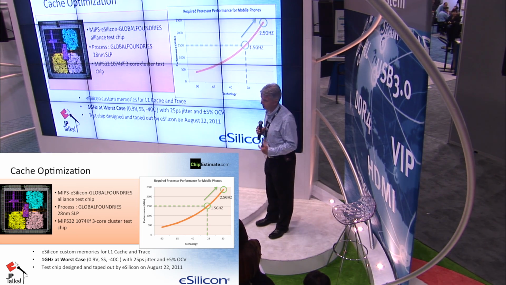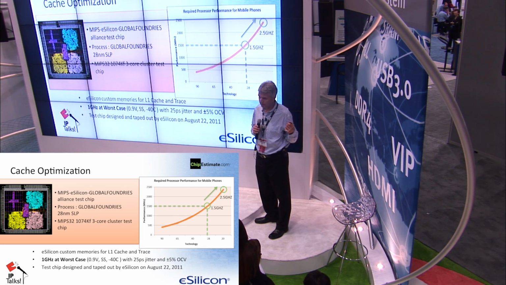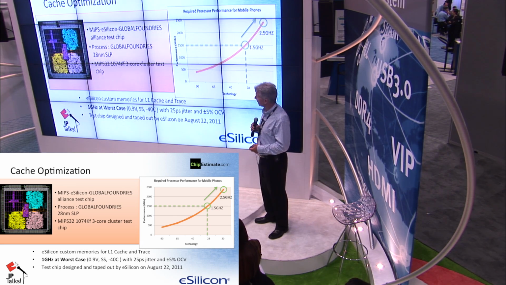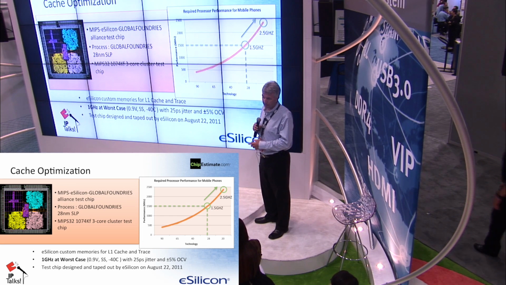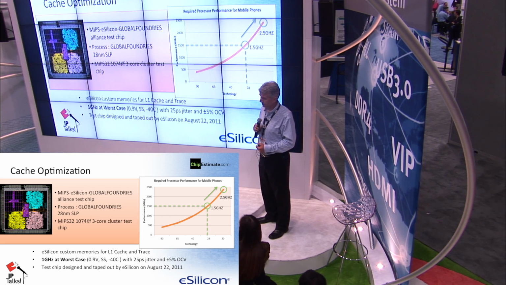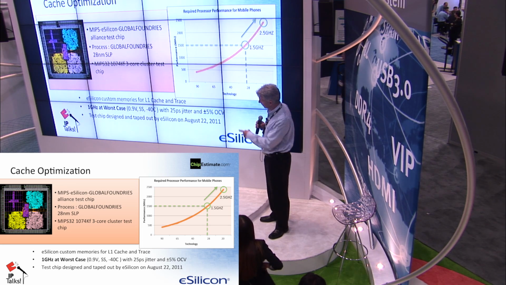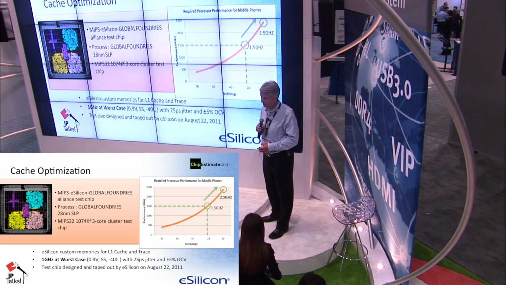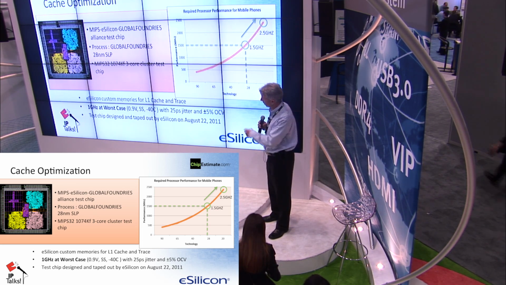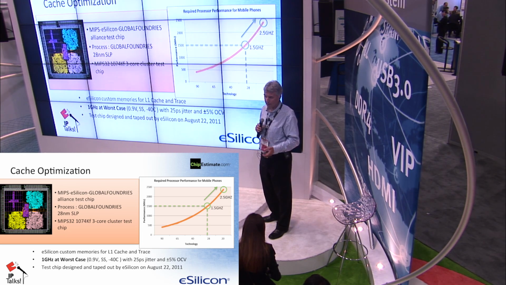So by doing customization, taking out circuitry that we didn't need, optimizing the memories, we were able to speed this up by over 30%, with the net result that we met a worst case performance, so at 0.9 volts, slow, minus 40 degrees C, of 1 gigahertz, and the typical is around 1.5.